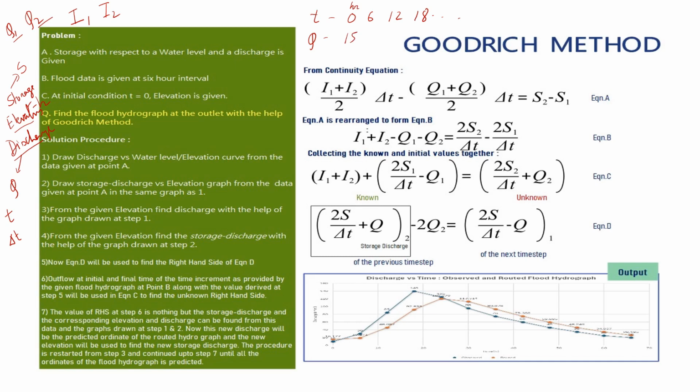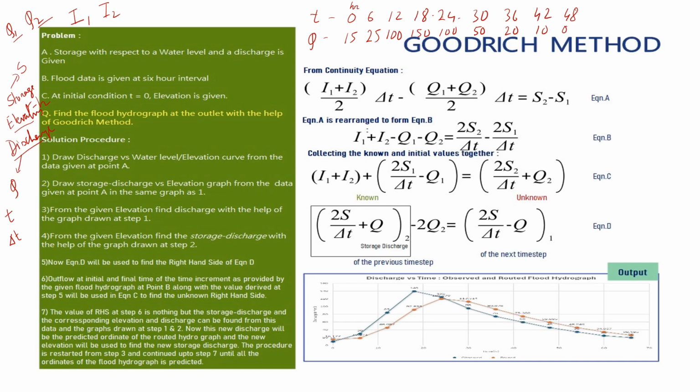After 6 hours, the end of the first time period, it becomes 25. That is, the flood has come. Then at the 12th hour, it becomes 100. Then at the 18th hour, 150. Then after 24 hours, it starts to reduce to 100. Then 30, 50. Then 36, 20. Then 42, 10, and after 48 hours, that is 2 days, the flood gets diminished.